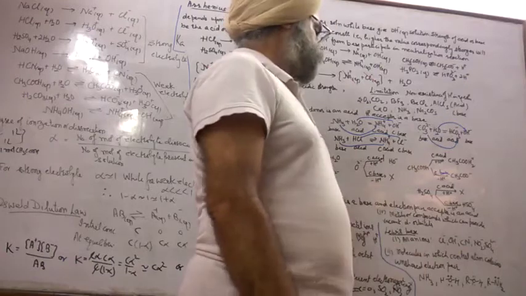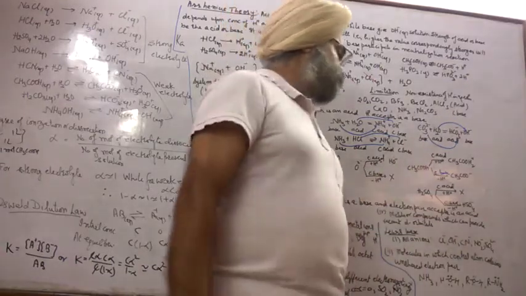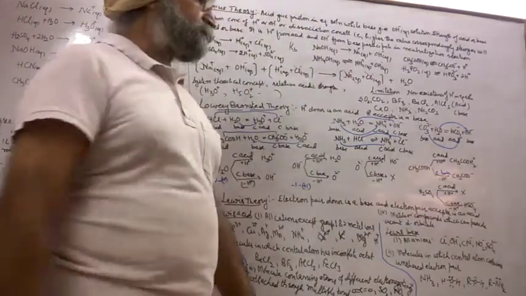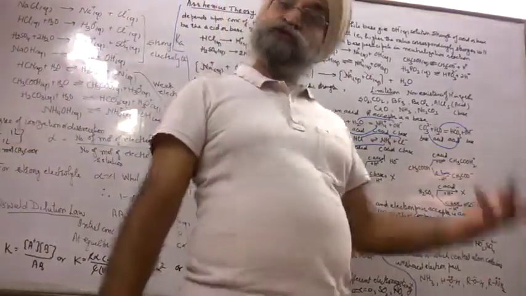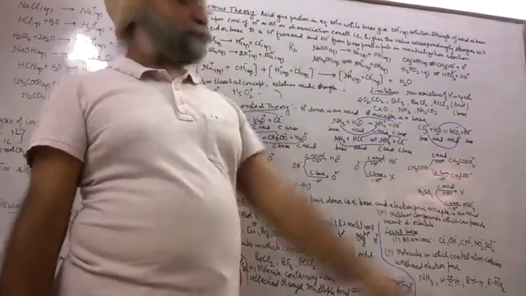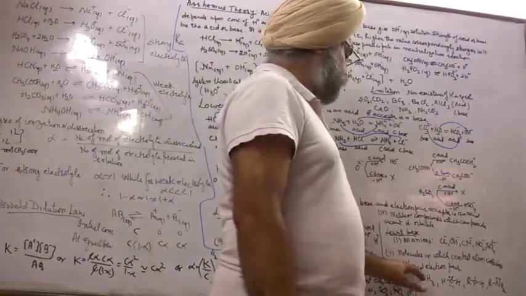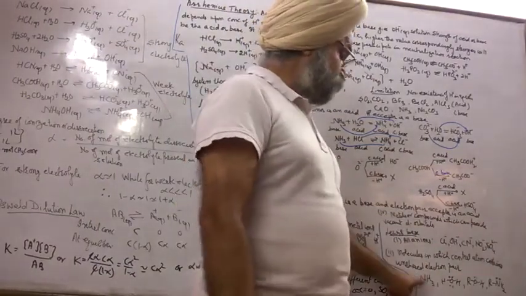The Lewis base: all anions, Cl negative, Br negative, OH negative, NO2 negative, SO4 negative, all anions are bases. Means they are capable to donate electron pair. Or molecule in which the central atom contains unshared electron pair. Ammonia.